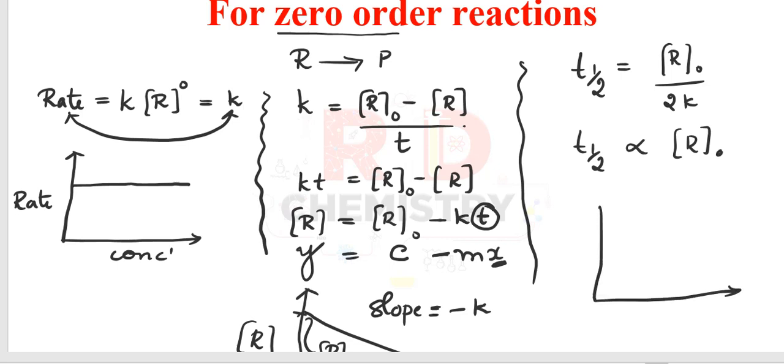So the graph would be, we are going to plot T half against the initial concentration R naught. Since they are directly proportional, it's a straight line passing through the origin, right?